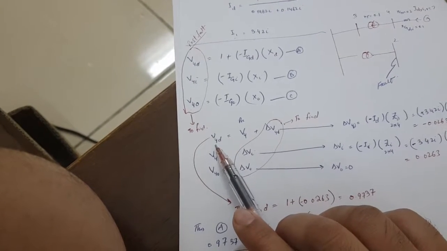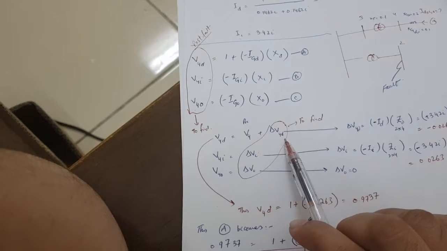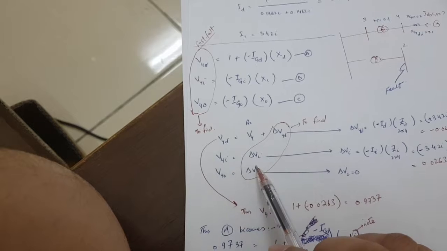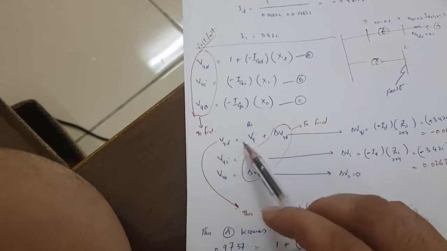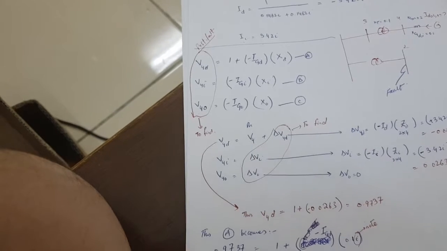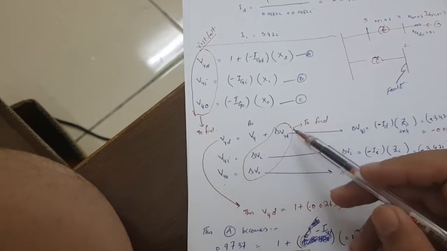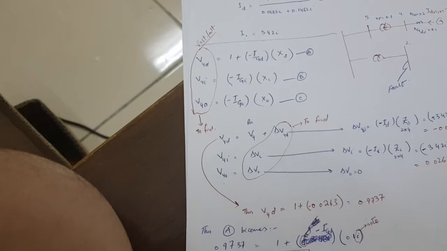For post fault, we know that it is pre-fault plus del V. This is for the positive sequence, and for the negative sequences it is del V. There is a pre-fault value only for the positive sequence, and the negatives are also del V. So we have to find del V for all three sequences.